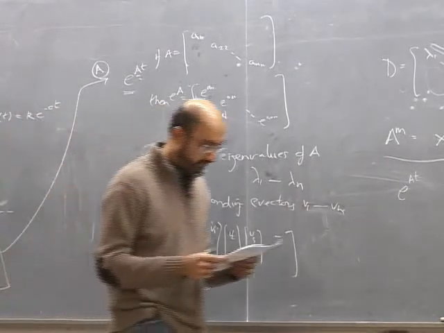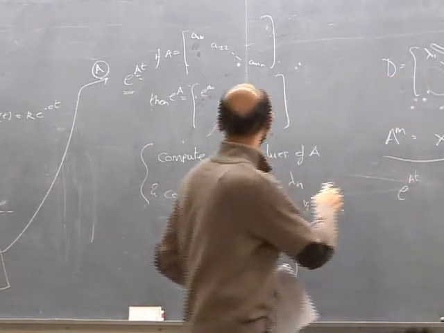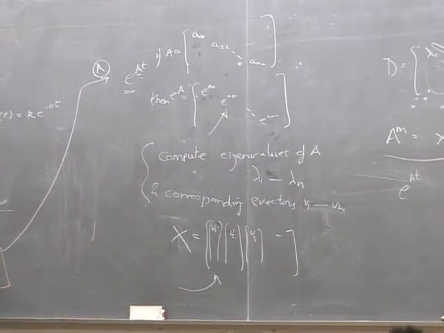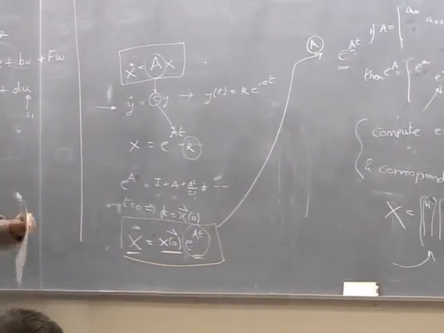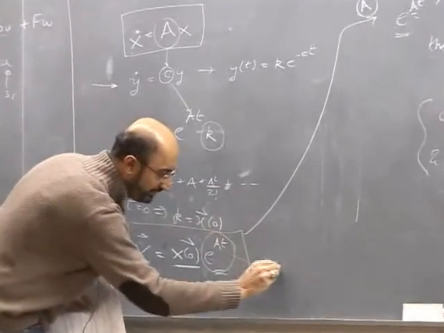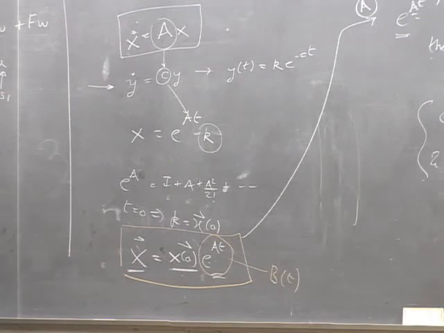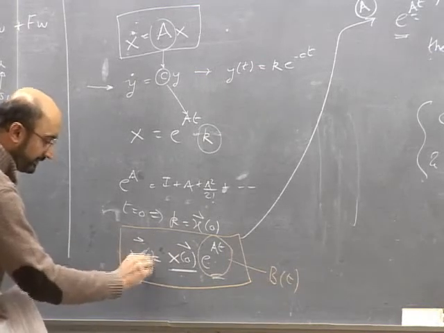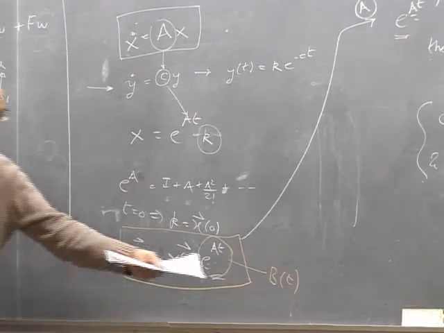All right, let me continue here. This e to the At over here, if you just call this matrix B of t, just a matrix that's a function of time, is converting the x0 to x of t, because x is a function of time, and so we call this the state transition matrix.